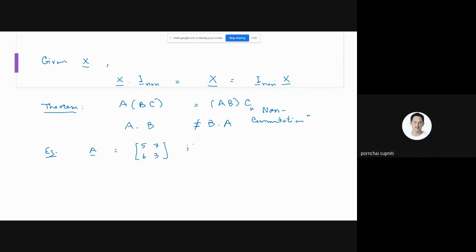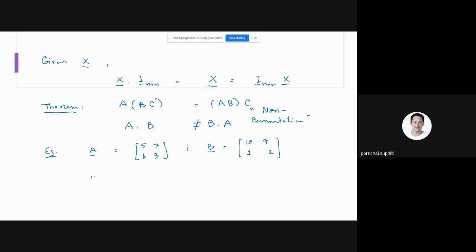Okay, and let me look at B. Can anyone give me another matrix? Who don't I call often? Thanatson. Give me another B. Okay, 10, oh, don't give too large numbers. 9, 1, 2.